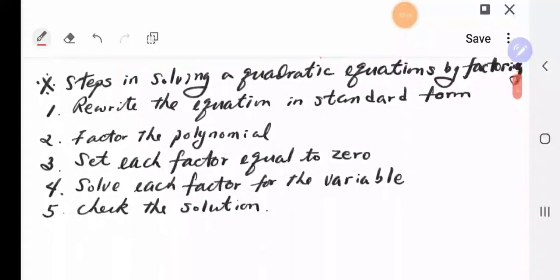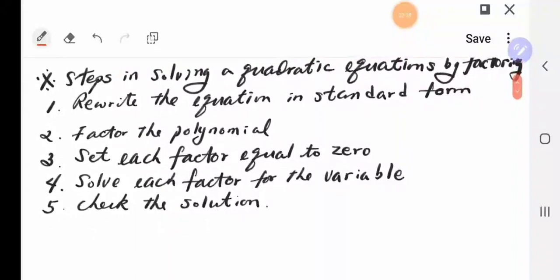So here are the steps in solving a quadratic equation by factoring. It doesn't have to be a quadratic equation. If an equation can be factored, then we can solve for the variable. The first step is always rewrite the equation so that it will be in the standard form. Rewrite means move all the terms to one side, to the left, so the right side of the equation is always 0.